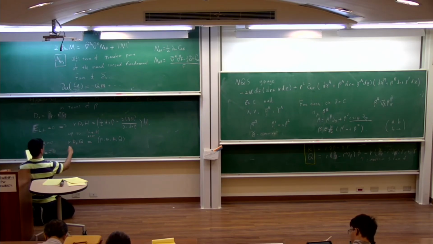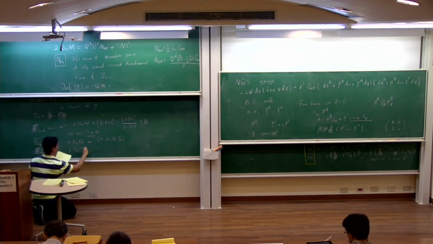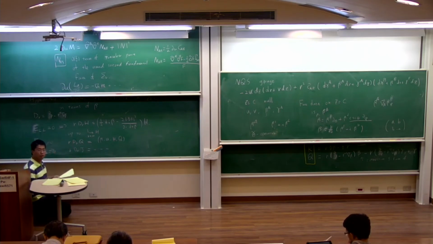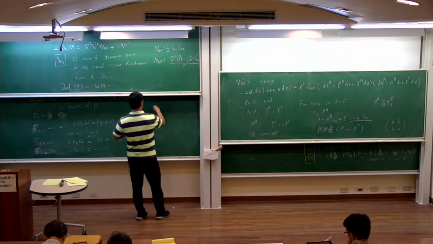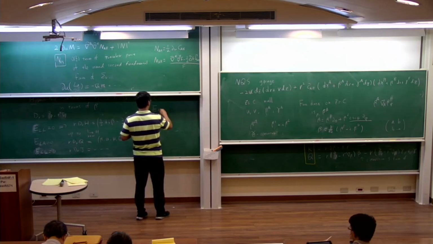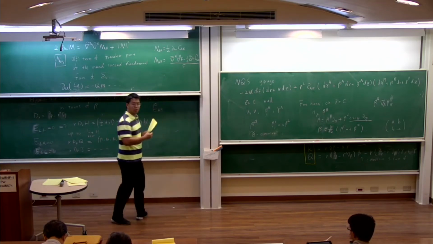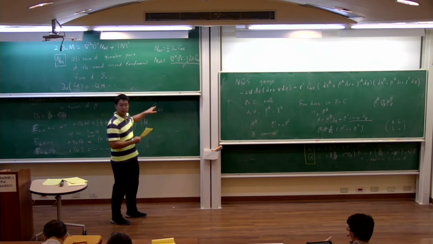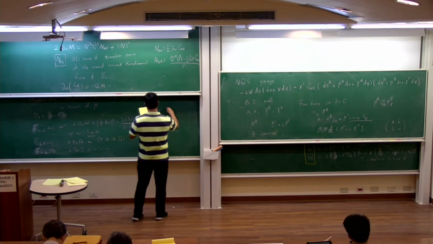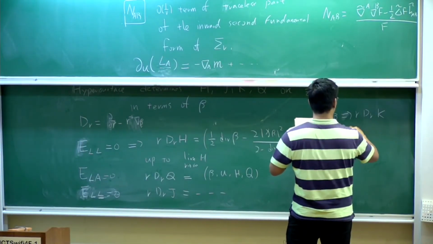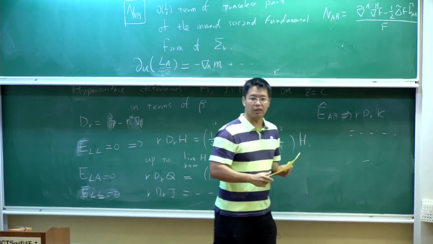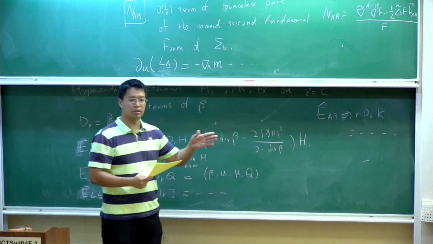R equals to 0. This will determine dr of J. And one component, again the trace part of EAB, will give me r dr of K equals to something.